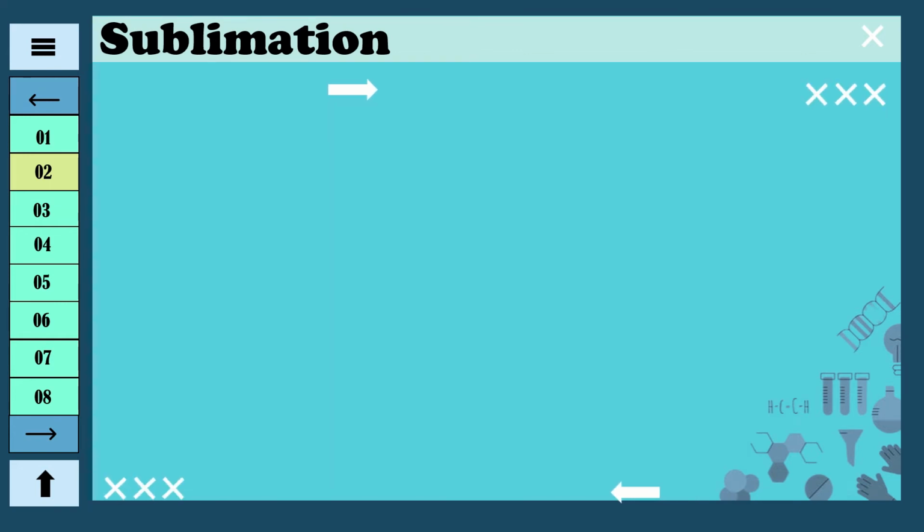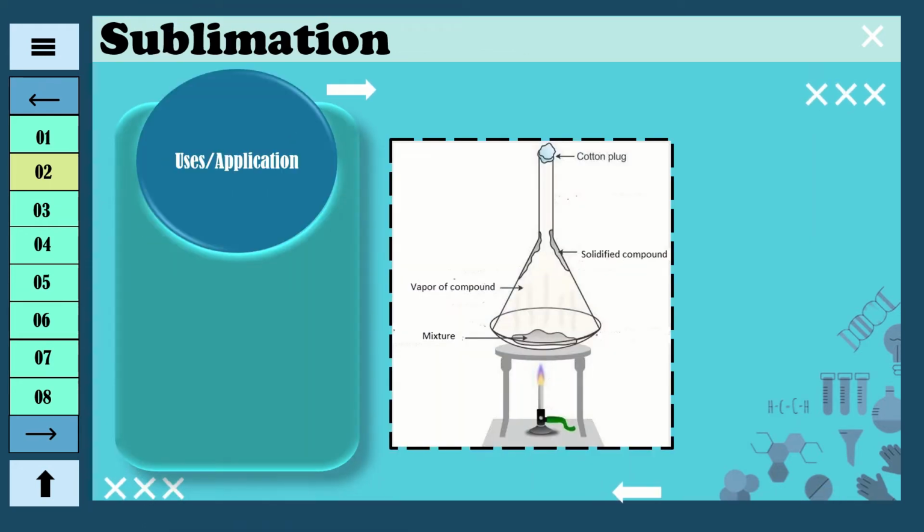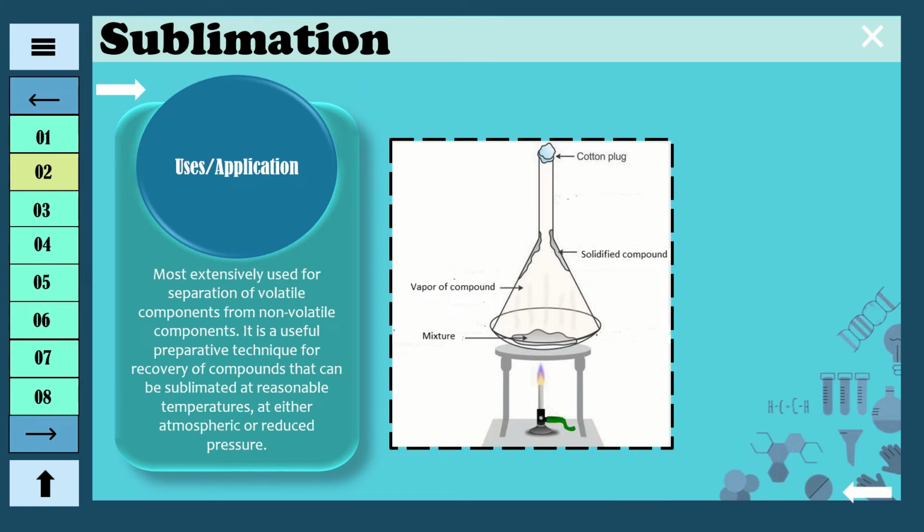First, we have sublimation. Sublimation involves heating a solid until it passes directly from the solid phase into the gaseous phase. Sublimation refers to a physical change of state, and it's not used to describe the transformation of a solid to a gas in a chemical reaction. For example, the dissociation on heating of solid ammonium chloride into hydrogen chloride and ammonia is not sublimation but a chemical reaction.